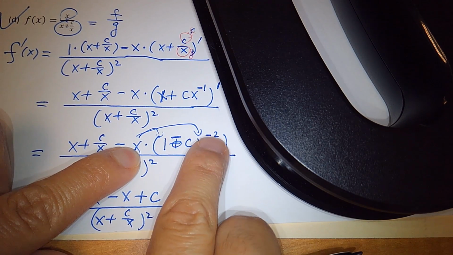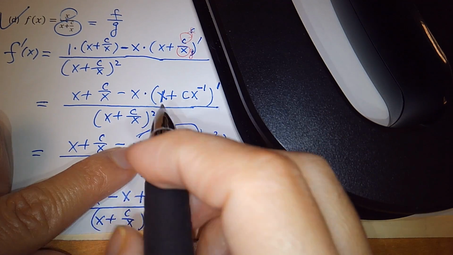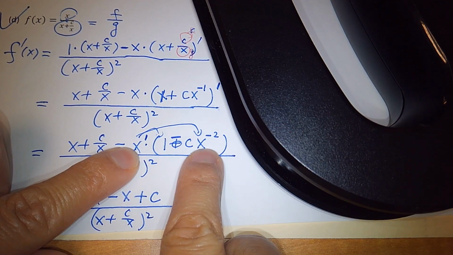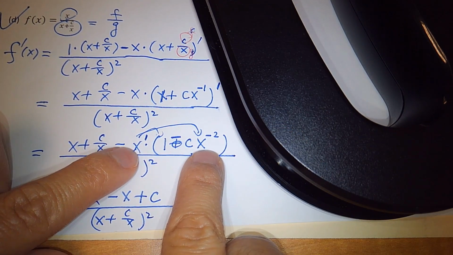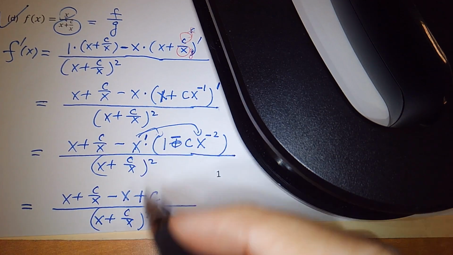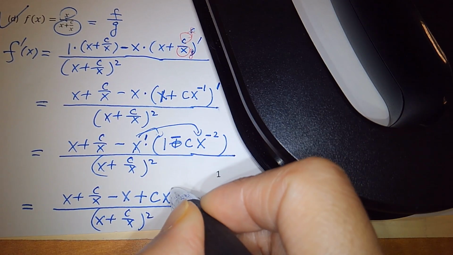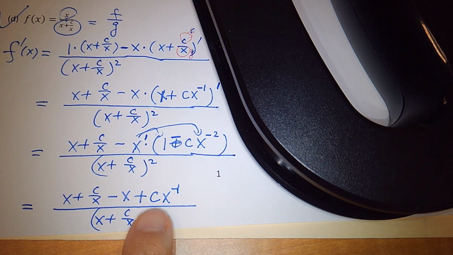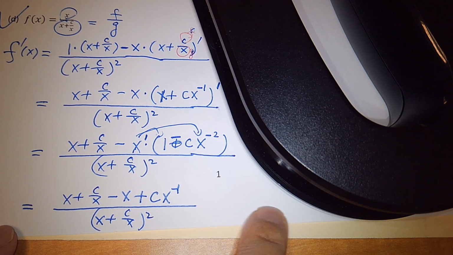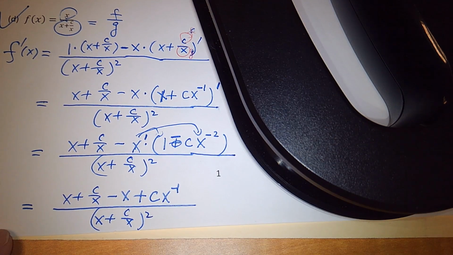What's x times x to the negative 2? Multiply x by x to the negative 1, which is what? c over x, right? c over x. Well, let's talk about it in the next line.